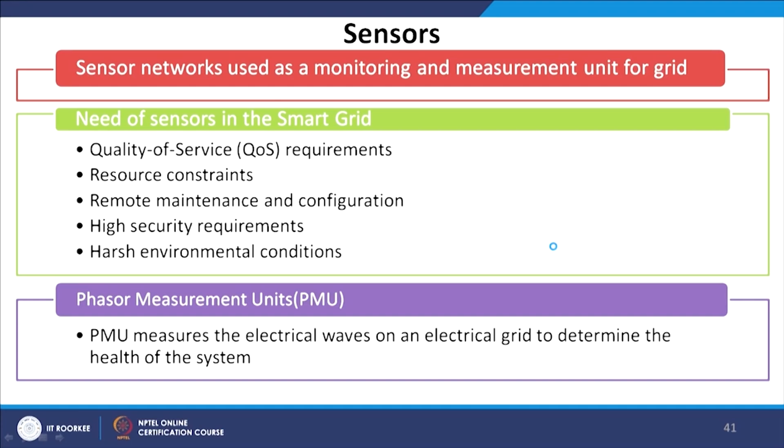Now, one more important point I would like to emphasize is that we need to have phasor measurement units, that is PMUs. PMU mainly measures the electrical waves of an electrical grid to determine the health of the system.